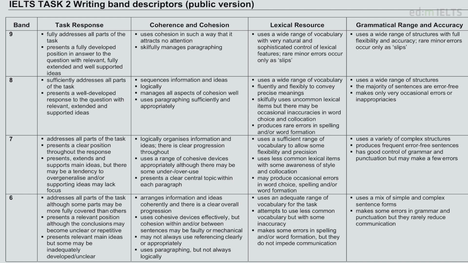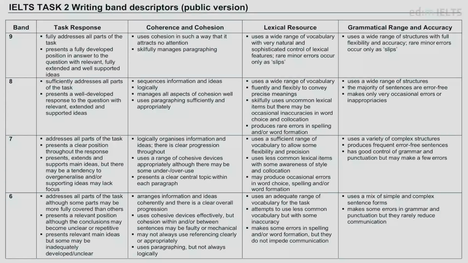And I want you to think about it by looking at the writing band descriptors, the public version, which is available to everyone. Just ask Google if you don't know where to find it. Just type in IELTS Task 2 writing band descriptors, and you'll be able to find a downloadable version of this. So this is to help you, as a potential IELTS candidate, understand what you have to do to get particular scores.